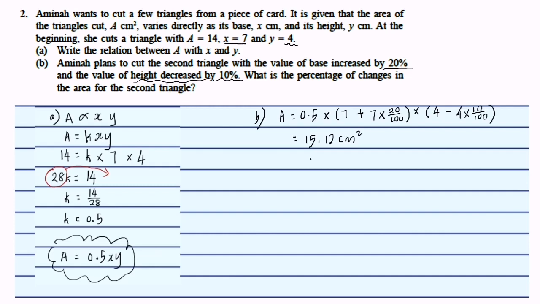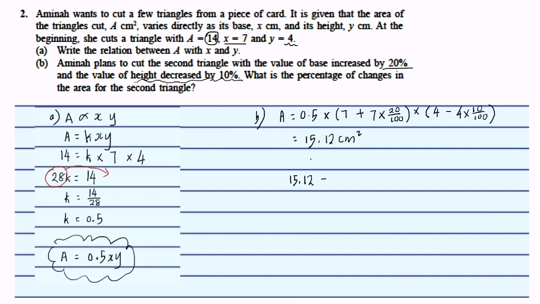And now we need to find the percentage of the changes in area for the second triangle. The area for the first triangle is 14. The area of the second triangle is 15.12.